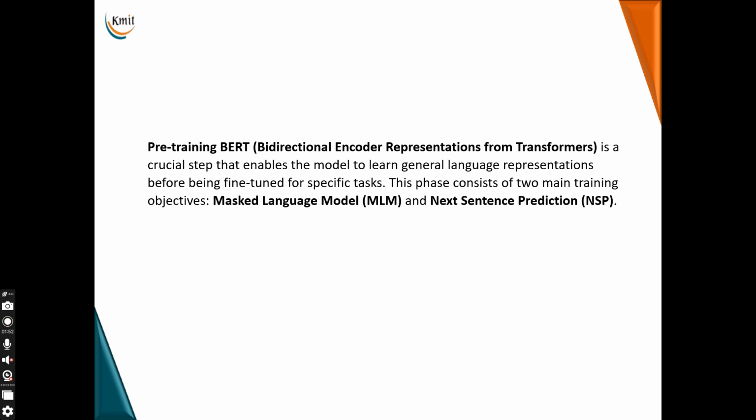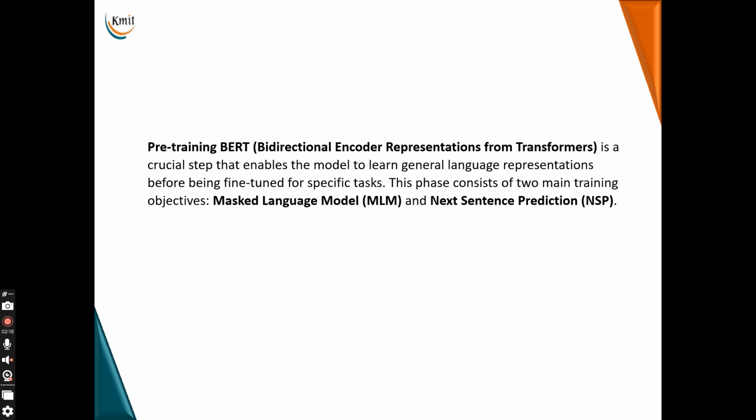Pre-training of BERT is a very crucial step which makes the model understand the context and learn the language representations. Once we finish pre-training, we go for fine-tuning, wherein we allow the model to perform specific tasks.